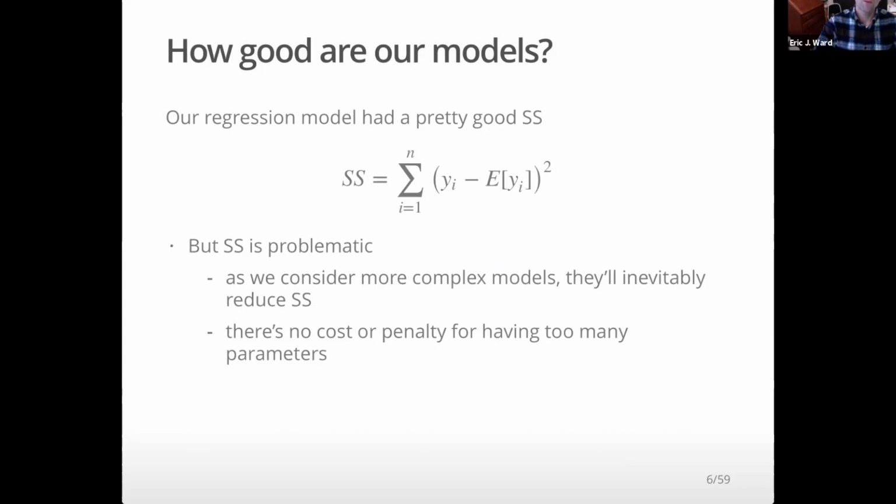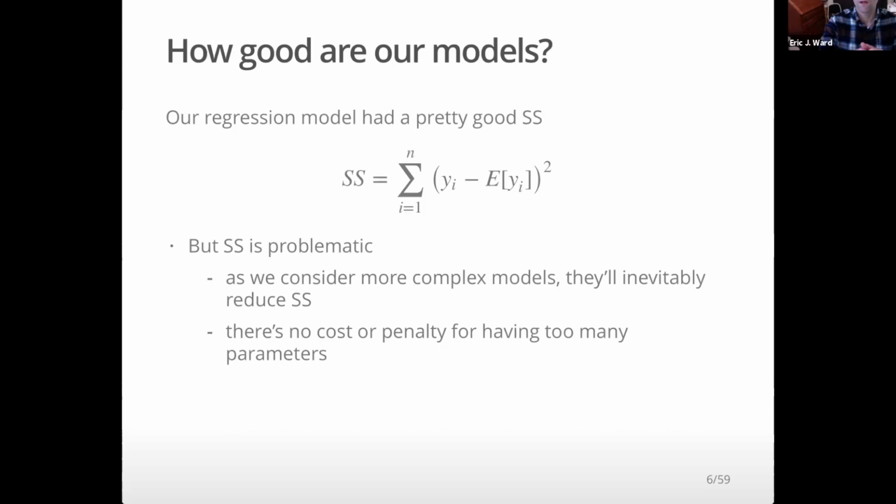But when we use quantities like sum of squares to select among models or identify which variables are most important, that's potentially problematic, because as we start adding more and more variables to our models, we get better and better fits, and inevitably that reduces the sum of squares. And there's no trade-off there. There's no cost of overfitting.